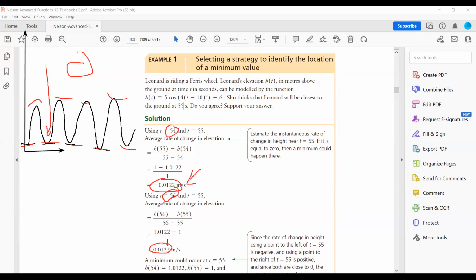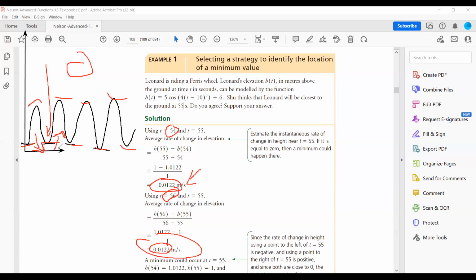Okay, so now we can make a conclusion that if from one side the average rate of change is negative, it means the graph is going down, right? And in the next moment of time, after we pass this point, we have the rate of change which is close to 0, but going up.